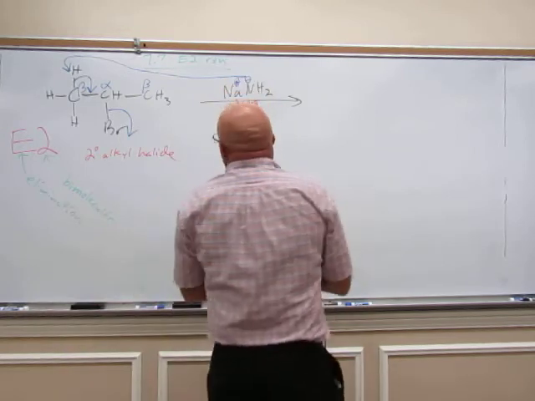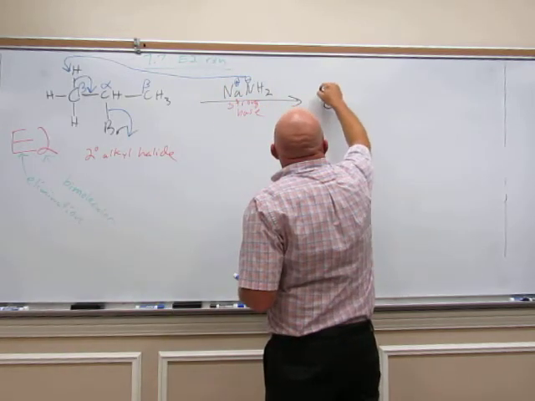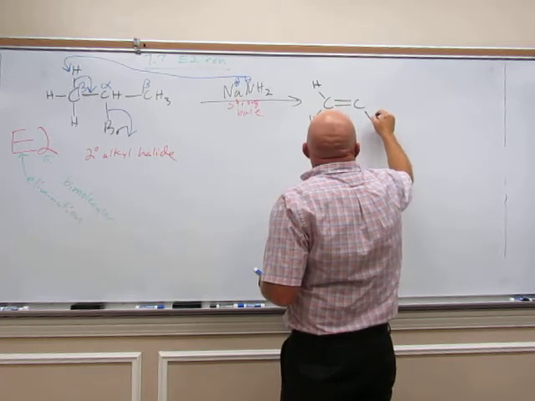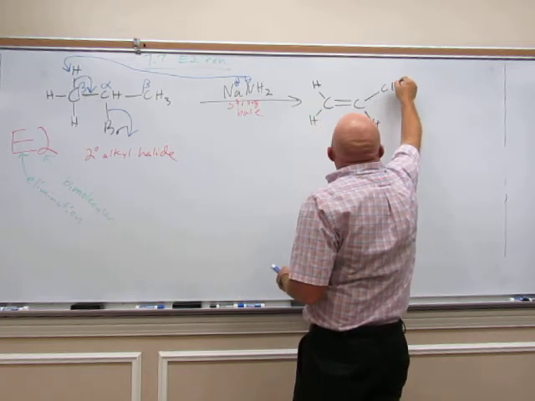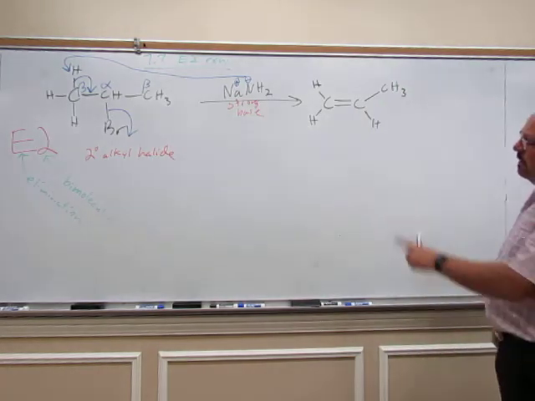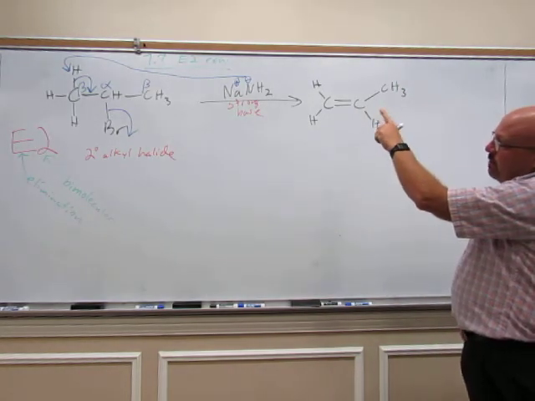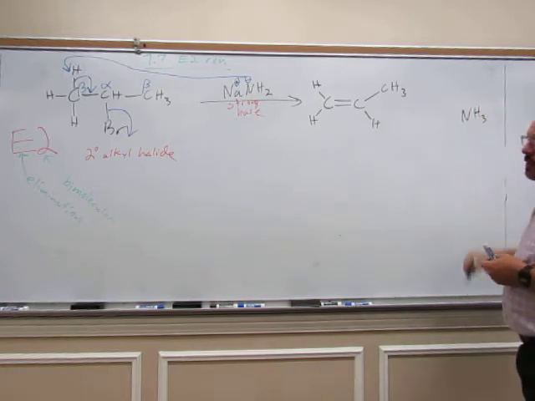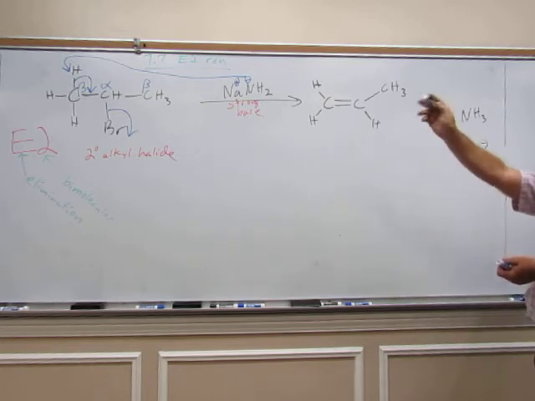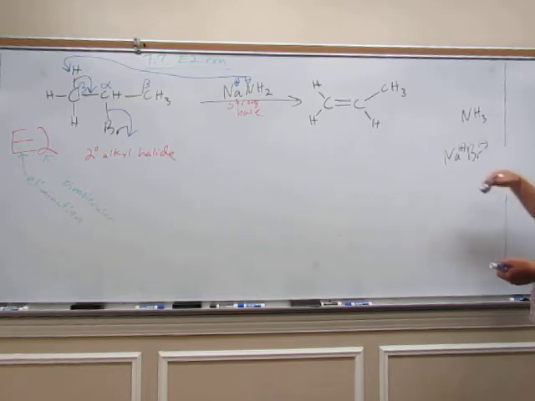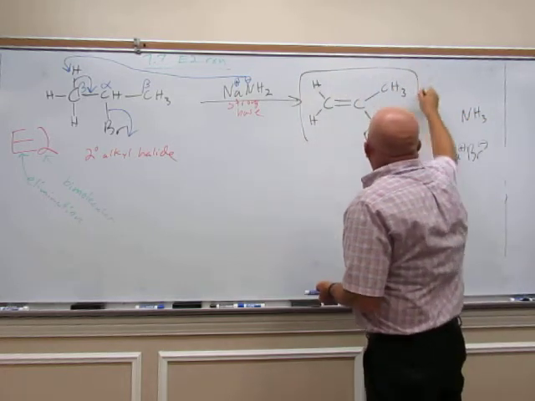Our product here, we get the alkene. There's our alkene product. NH2 minus, our base, grabs the hydrogen, so as a byproduct we'd have NH3. We kick the bromine off, so we've got a bromide anion. Sodium is a spectator, it balances the charge out, so there are our byproducts. But we've made an alkene.